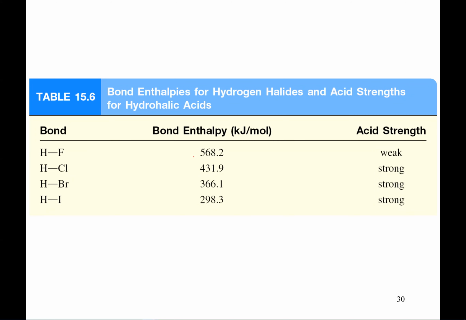Bond enthalpies for hydrogen halides and acid strengths for them. As you can see by the bond enthalpies, it takes much less energy to break apart the HI than it did the HF.